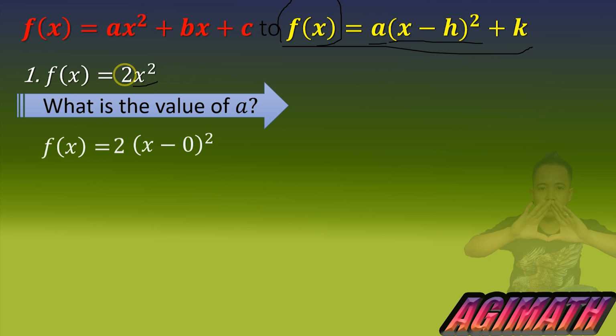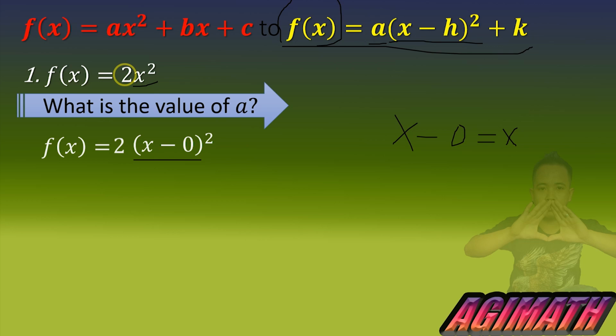If you are going to ask for the explanation why, you focus on this one, x minus 0. What will be the answer? X minus 0 is equal to x. Any number subtracted by 0 is that number.